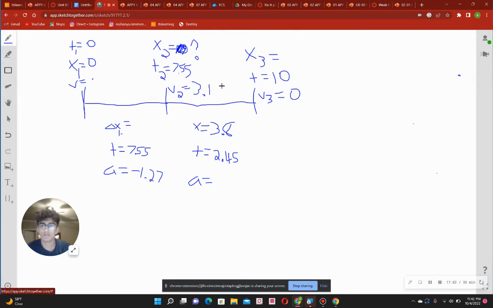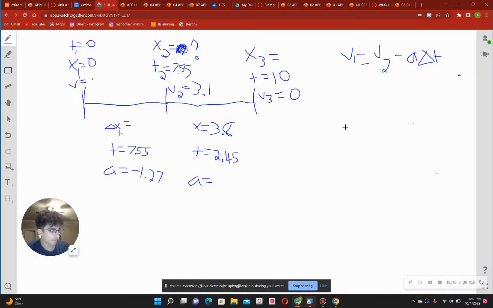Equation 3, we can rearrange it so that V1 is equal to V2 minus A delta T. And this is the delta T from 1 to 2, and that's 7.55.